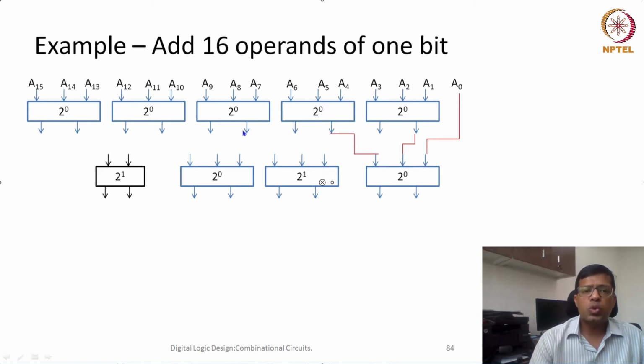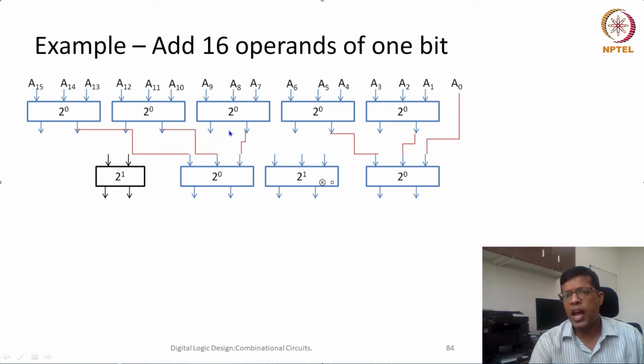Now this is 2's power 0 place, this is 2's power 0 place, this is also 2's power 0 place, so I can keep all of these 3 inputs in this particular adder. So this is the input, and then this, and the third one. Now this particular output is 2's power 1 place, this is also 2's power 1 place, this is also 2's power 1 place, so I can add all of them using this particular full adder, this, the second one, and the third one.